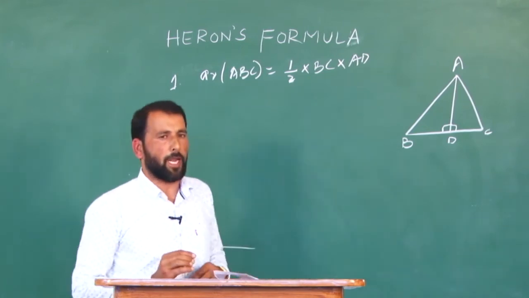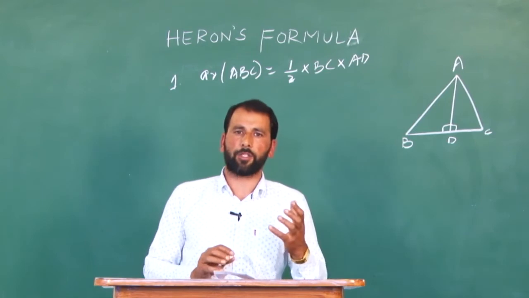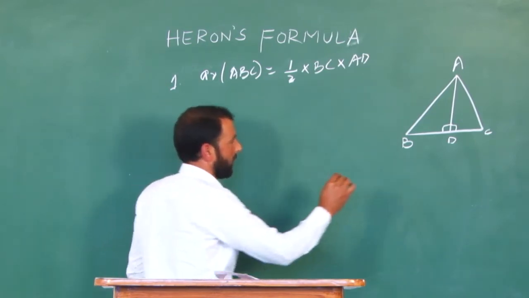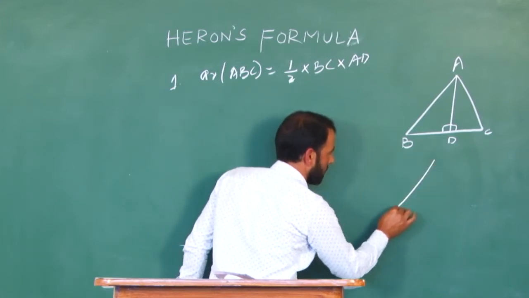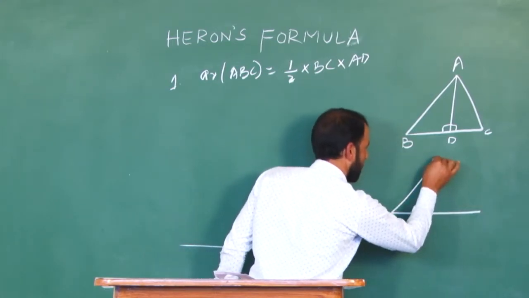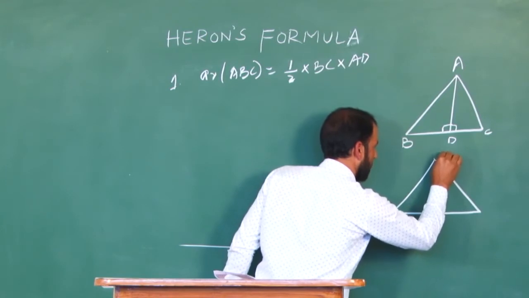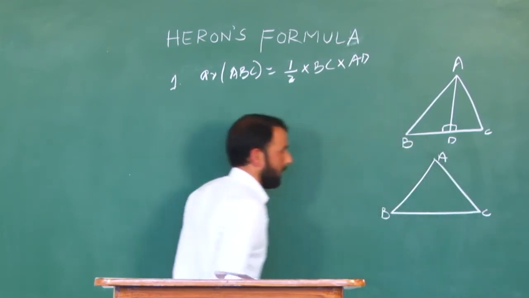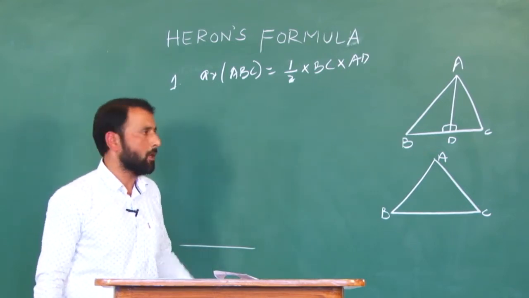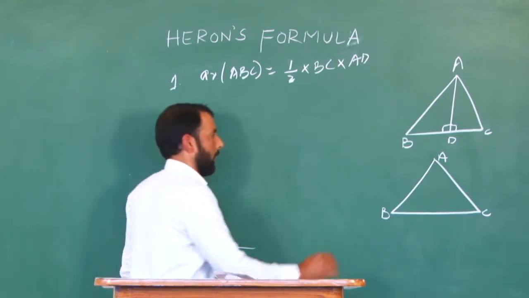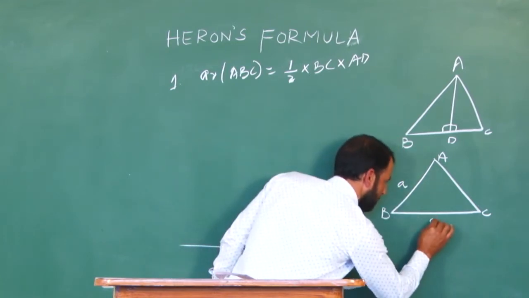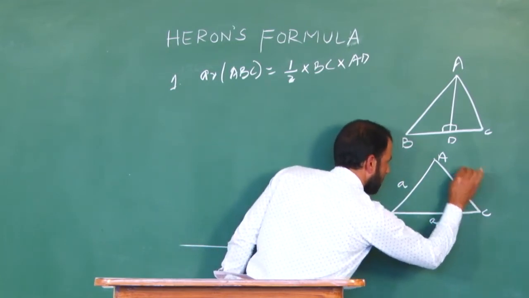In an equilateral triangle we know that all three sides of a triangle are equal. Consider an equilateral triangle here. First of all we draw an equilateral triangle with all sides equal. Let ABC be an equilateral triangle. Second one, let all sides of the equilateral triangle be a units.